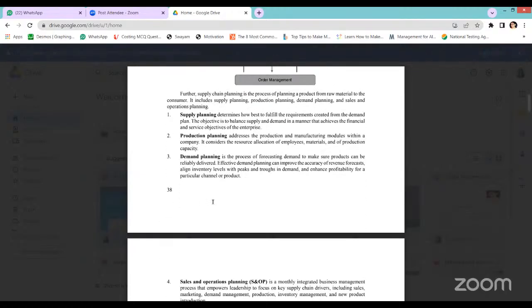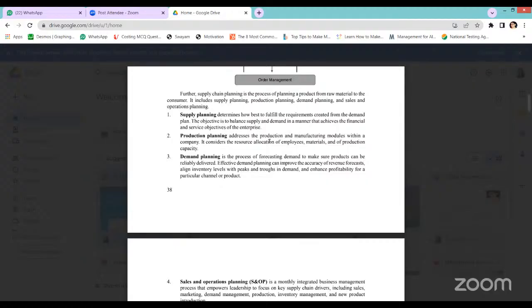Now let us see supply planning, then production planning, and demand planning. You need to first plan what to supply, what the demand is, and how to procure the required materials, considering the financial aspects and objectives of the organization. Then accordingly, you need to plan the supply.